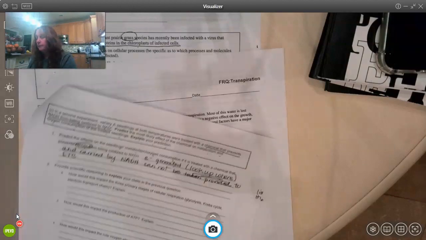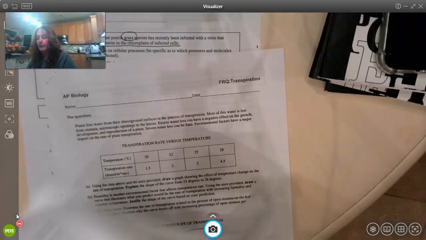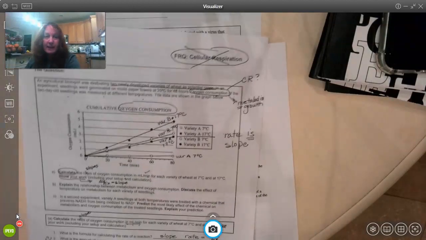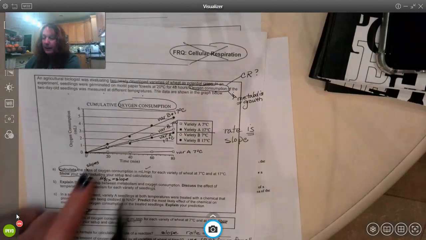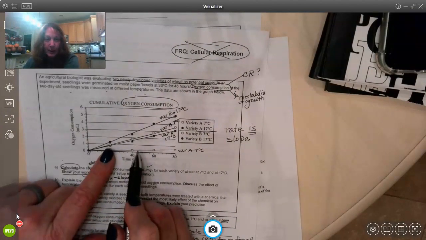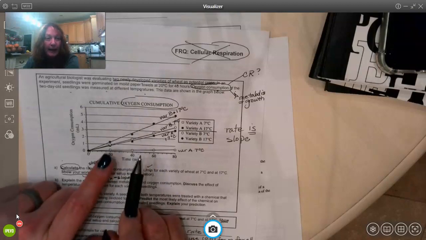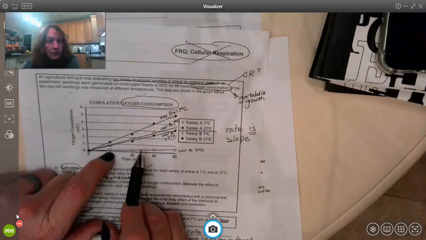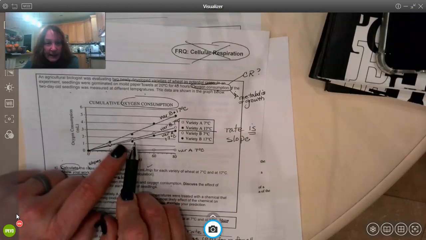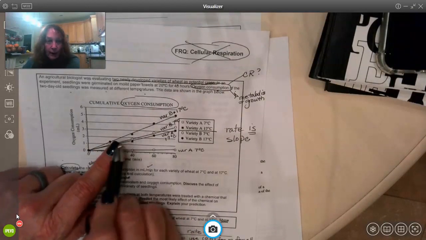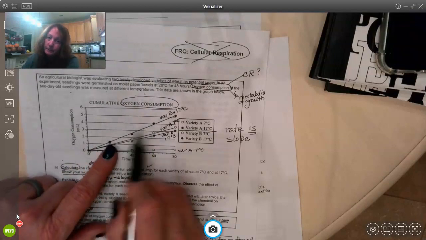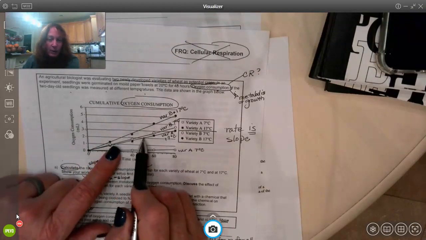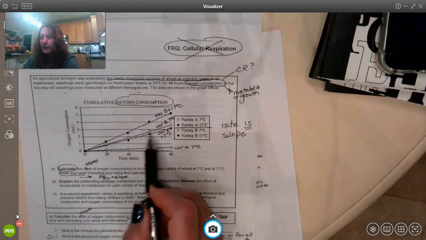So this is the setup. It's always this way. If they give you a graph or some big old piece of data, part A is, do you know what this is? Yes. Can you read it? Can you do something with this part? Like, do you see the more? In this case, you have lines, so it's going to be slope. Okay. Can you do something with that?